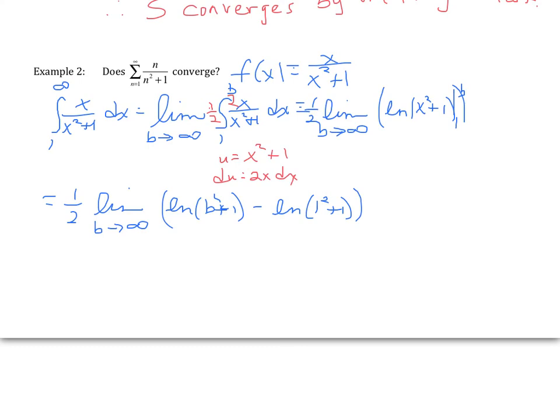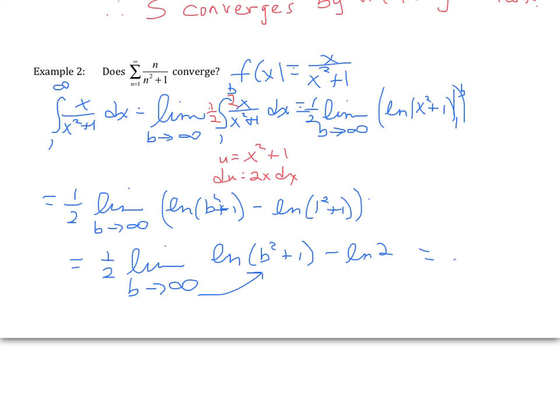And this just equals 1/2 the limit as b approaches infinity of the ln of b squared plus 1 minus the ln of 2. And when we plug infinity in, there's nothing we can do about it, and it's going to stay there forever and ever. So this goes to infinity.